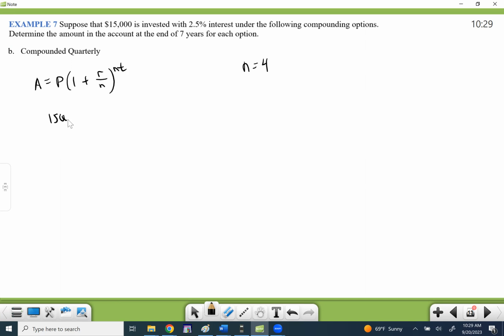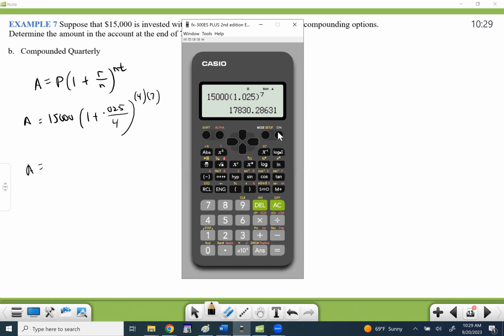We're still initially investing the $15,000. The rate is still 0.025. I'll just put this in as is for those of you who like to do that. I'm not going to clean it up. I probably would put 28 in the exponent, but whatever.